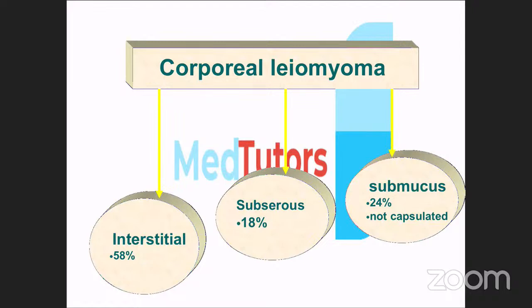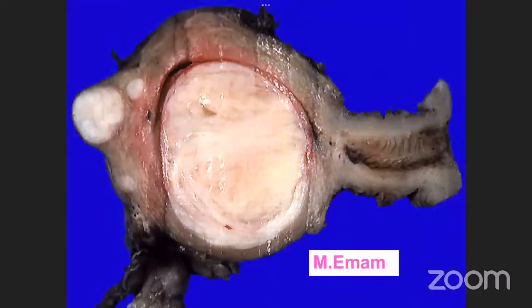You have subserous accounting for 18%, and submucous accounting for 24%. So in the uterine body, the commonest is what? Intramural or interstitial, followed by submucous. Next slide.